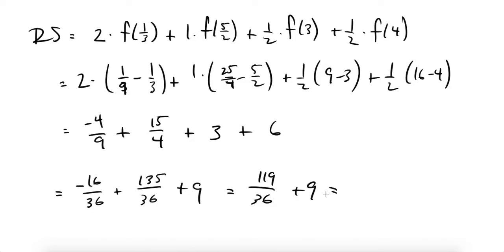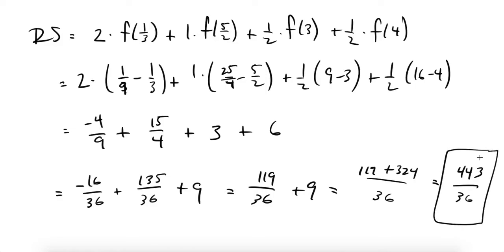And then if you make a common denominator here, let me just punch this in. 9 times 36 is 324. So 119 plus 324 all over 36. So 443 over 36 square units.